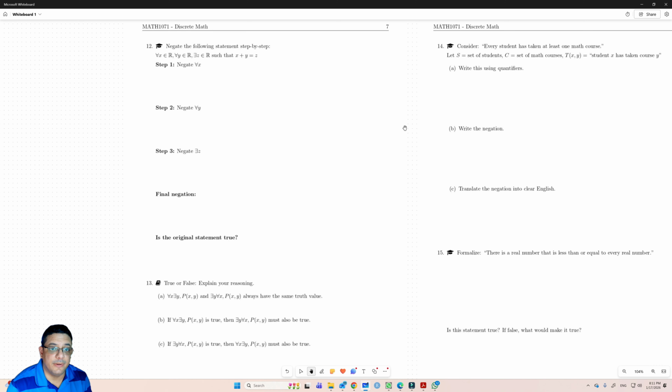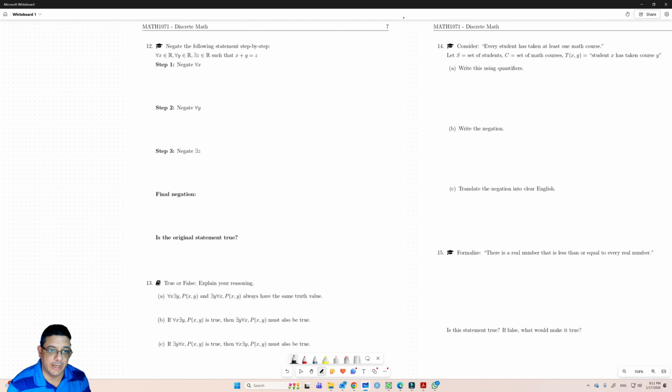We have: negate the following statement step by step. For all x that belongs to R, for all y that belongs to R, there exists a c that belongs to R, so that x plus y equals c. So notice that it has three quantifiers, and we can negate all of those.